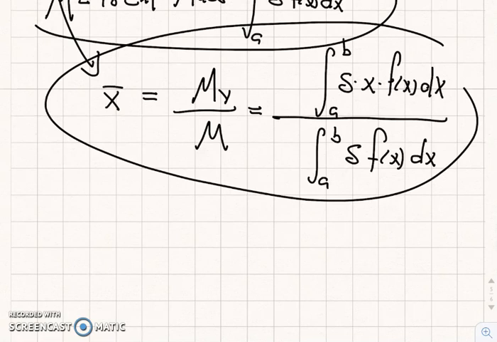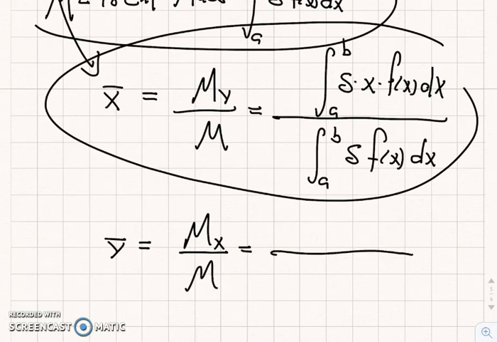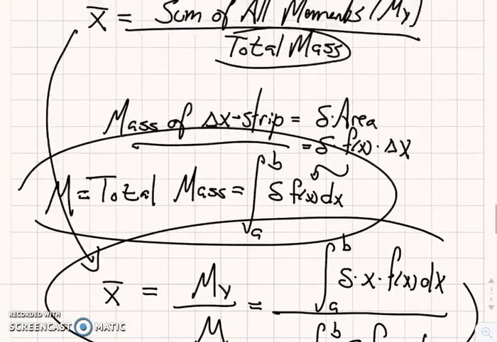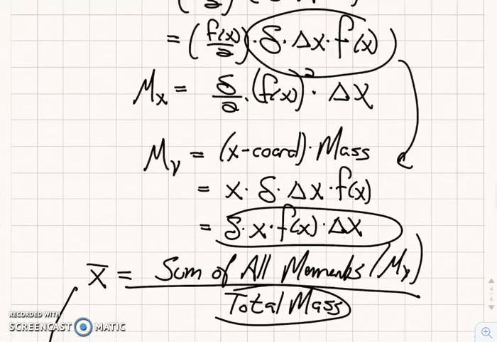Of course, the y coordinate for center of mass can be found in an analogous fashion. The only difference here is that the y coordinate for the center of mass is found by dividing the x moment by the total mass. Now the x moment is another integral, but it's the integral that we found up here. This one right here.